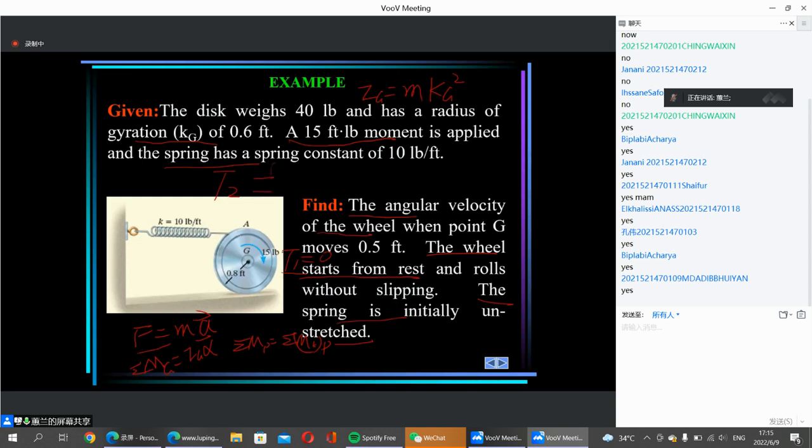And to calculate the kinetic energy of the disk, we need to judge its motion. It's given here: it rolls without slipping. What does it mean? It means that the disk is doing general motion. The kinetic energy of this disk should include two parts: translational kinetic energy and rotational kinetic energy.